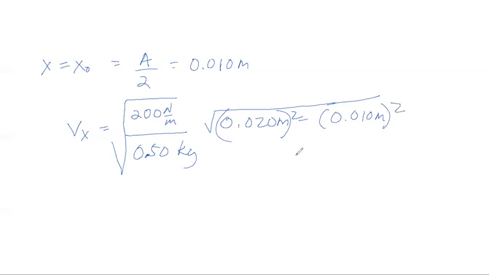And for this answer, we're going to get negative 0.35 meters per second. And it's negative because the glider's moving from x equals A towards x equals 0, inward.